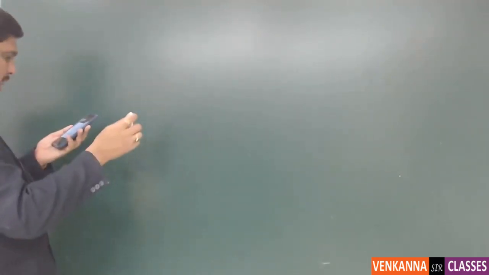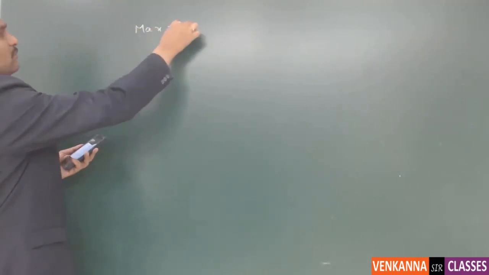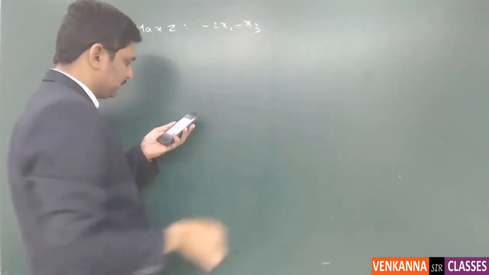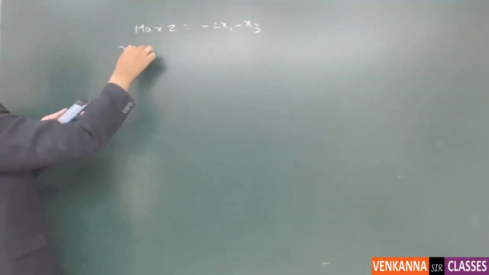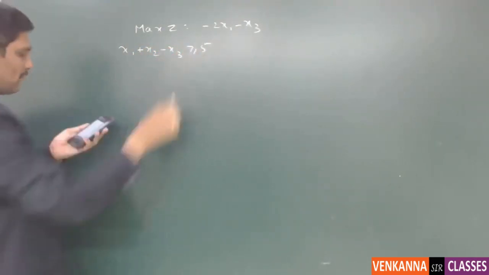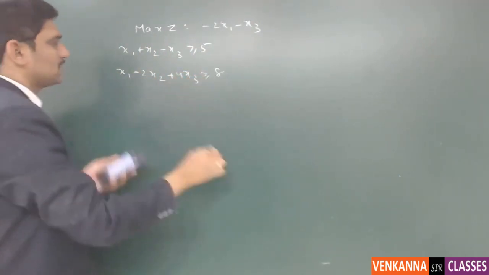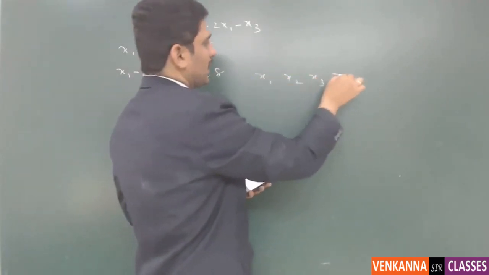The problem which I am going to take is: maximum z equals minus 2x1 minus x3, subject to the constraints x1 plus x2 minus x3 is greater than or equal to 5, x1 minus 2x2 plus 4x3 is greater than or equal to 8, where x1, x2, x3 are greater than or equal to 0.